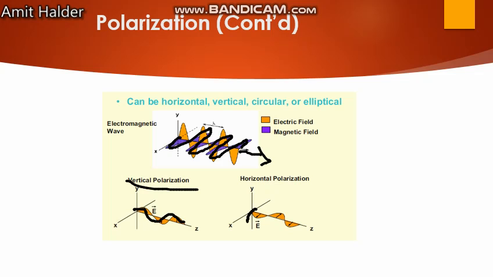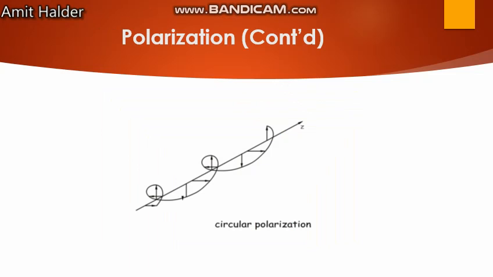If the electric field just goes through the surface area, that means horizontal polarization. There is circular polarization. There are a lot of polarizations. Circular polarization creates a circle, so it is circular polarization.